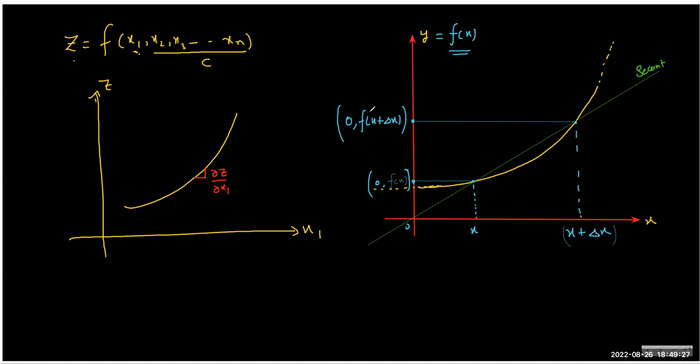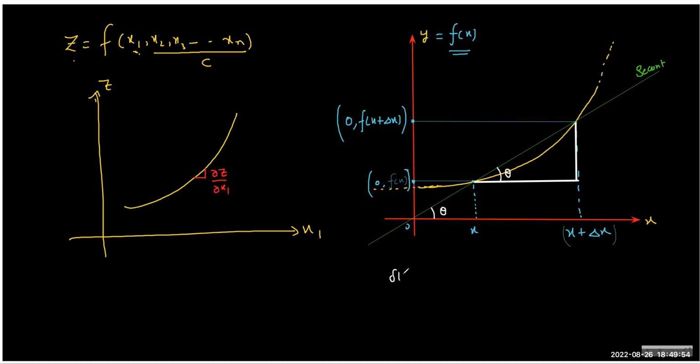Finding the slope is as good as finding tan theta, right? Slope is defined as the tan of the angle made by the line with respect to the positive x-axis.